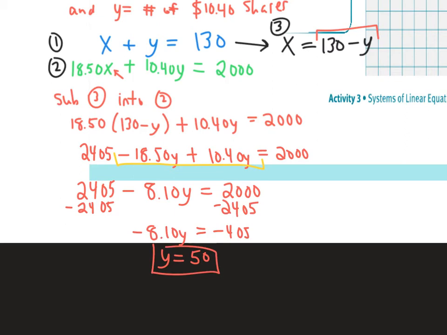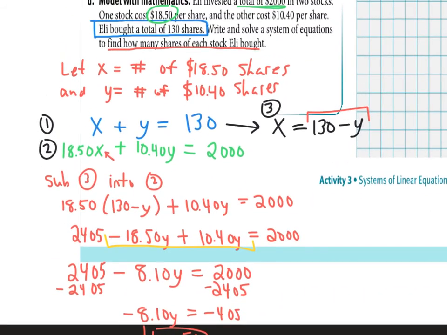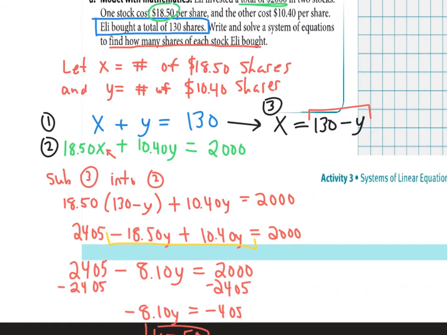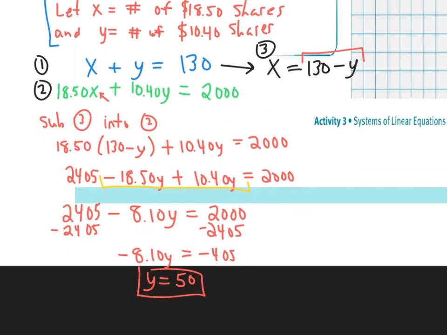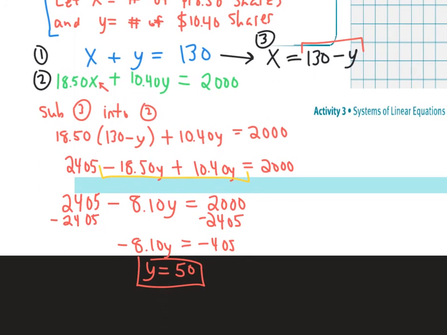Okay, and remember again, we defined y earlier. y was the number of $10.40 shares. So since we did this step up here, it's clear to your reader or whoever's question you're answering what the y equals 50 means, right? That's telling you how many shares. Okay, now what's going to be our easiest way to get x?